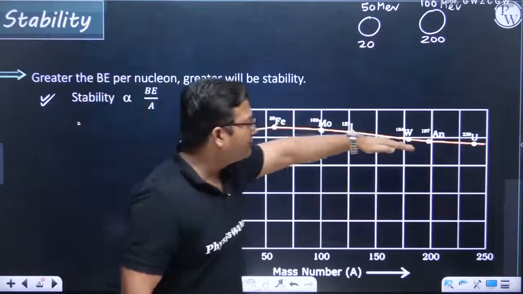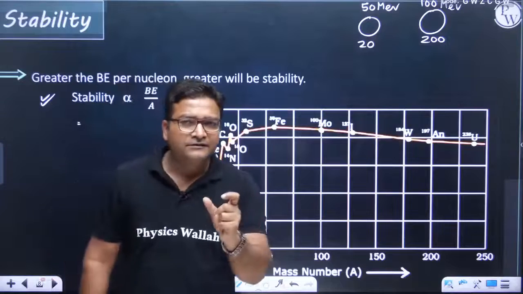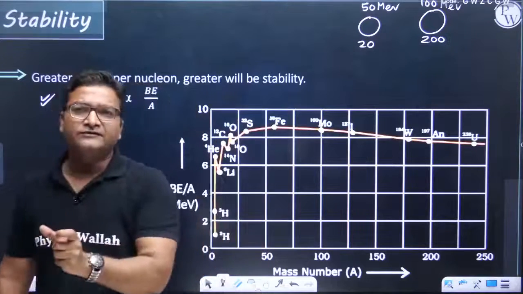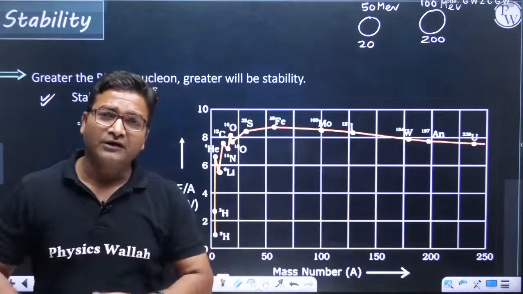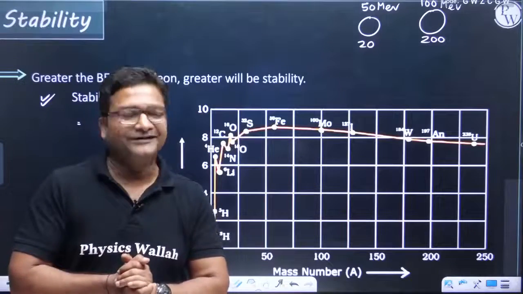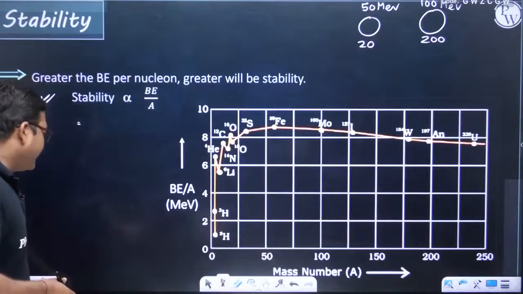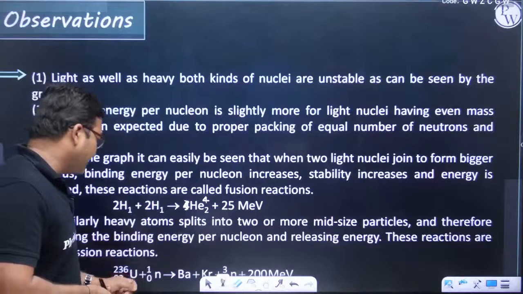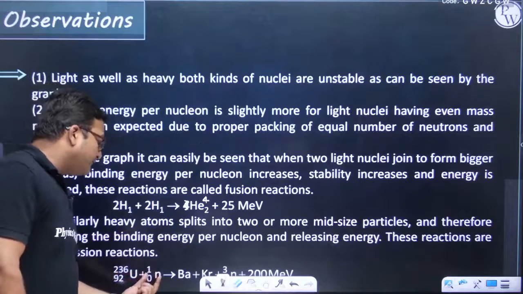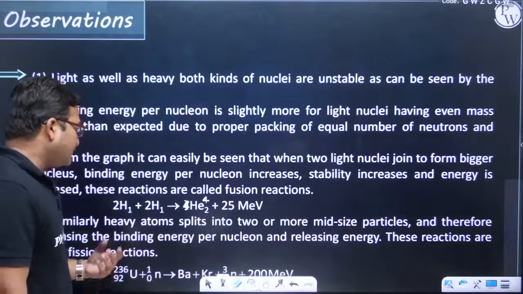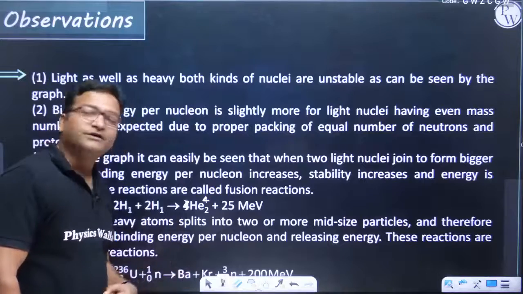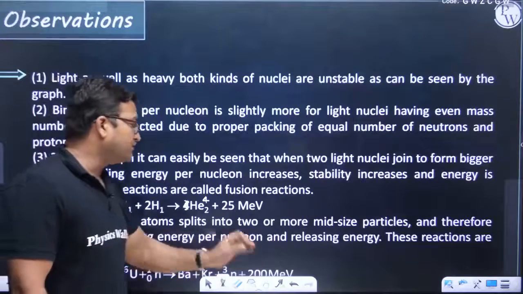If binding energy per nucleon increases, the energy is again released, and this type of reaction is called fission reaction in nuclear physics. A very good example of fission reaction is shown here, where uranium, when bombarded with neutrons, splits into barium and krypton. Here also energy is being released.